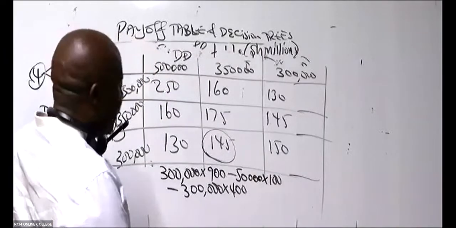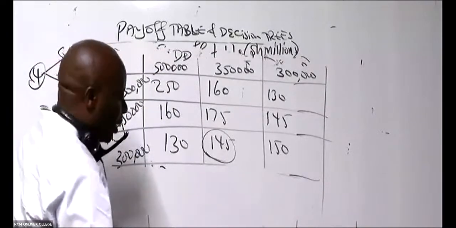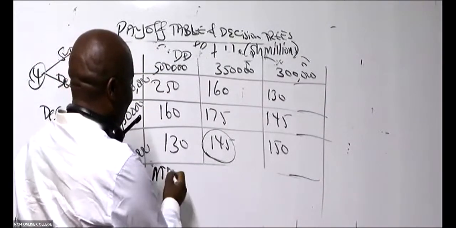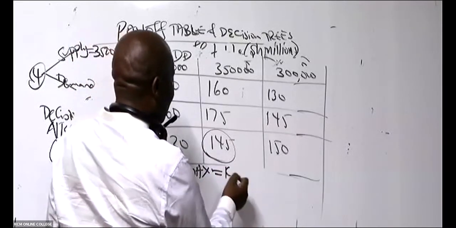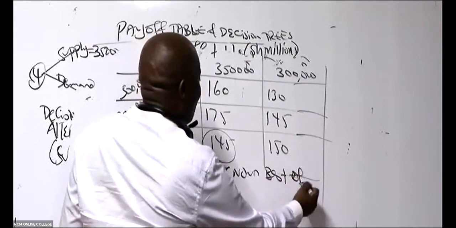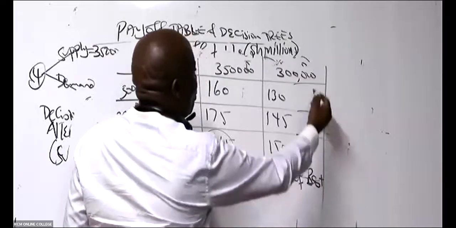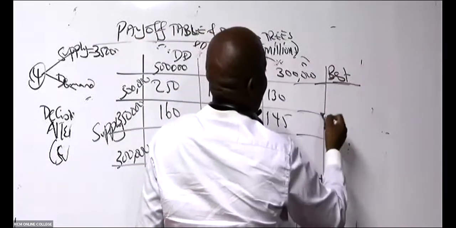So then they want us in this case to use maxi. Remember that maxi is also known as best of the best. So you create a column here for the best.